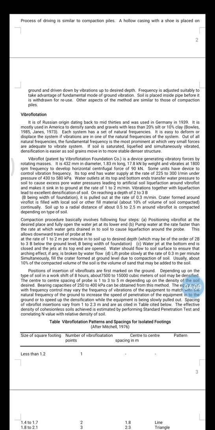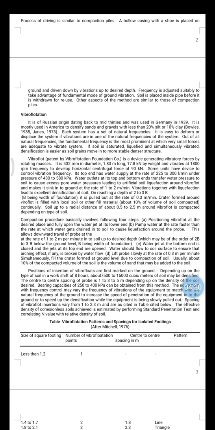Next, water outlets at the top and bottom end transfer water pressure to the soil to cause excess pore water pressure, leading to artificial soil liquefaction. This is very important.